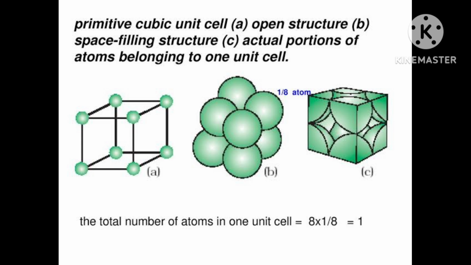Okay, one atom only, a small sphere you are considering. Such a structure, when you are considering only one atom sharing 8 unit cells, is called an open structure. The arrangement of particles is easier.